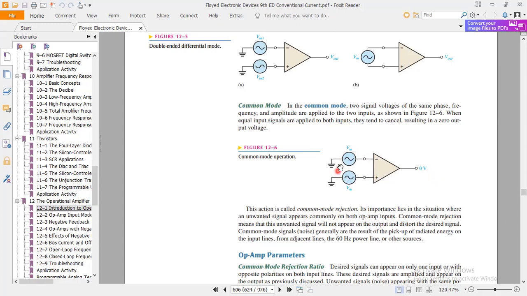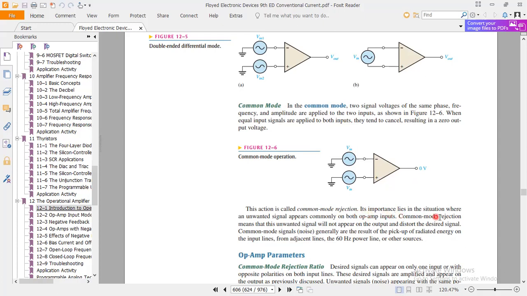But if both signals are linear, there is nothing that can happen here, meaning the output would be zero despite any disturbance or noise. So for that purpose, we use this technique of common mode rejection ratio, a common mode op-amp based technique.